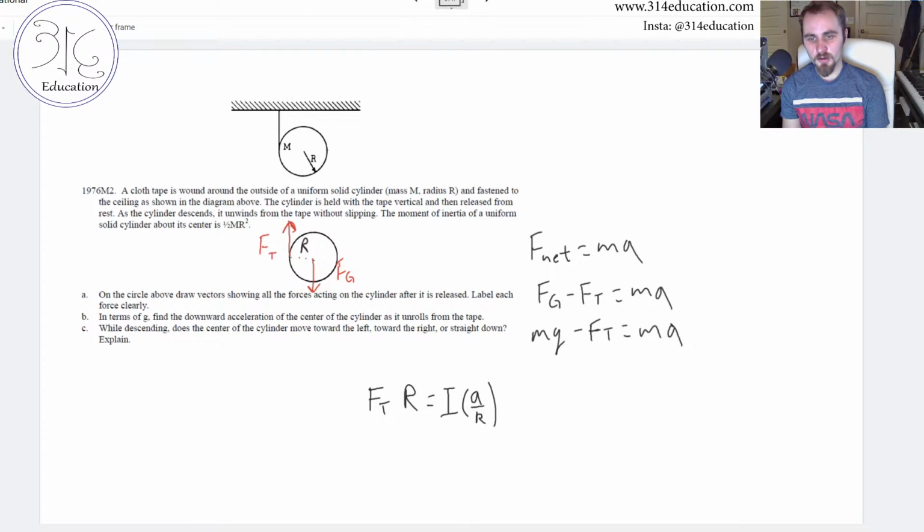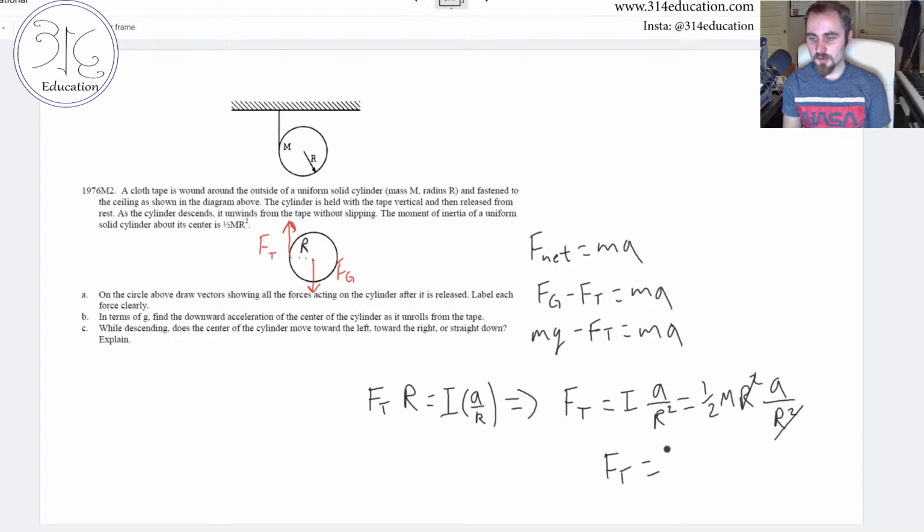Let's simplify this a little bit. Because we want to get Ft on its own, we divide both sides by r. That gives us Ft equals I times a over r squared. Plugging in our I, 1/2 mr squared times a over r squared, the r squareds cancel. Our Ft is equal to 1/2 ma.